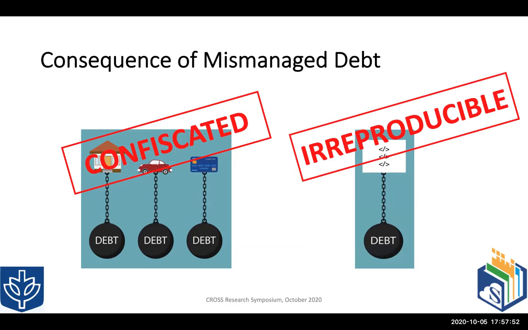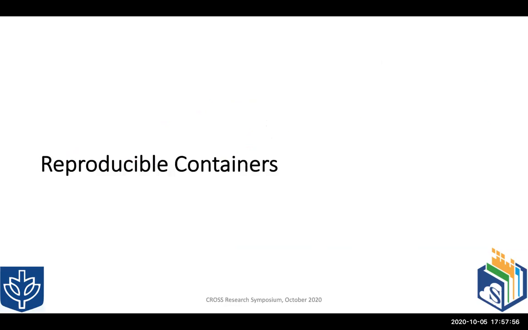That is the topic of my talk today, where I'm proposing that we need something like a notion of a reproducible container. The idea is that it's a container system, so it gets your dependencies.